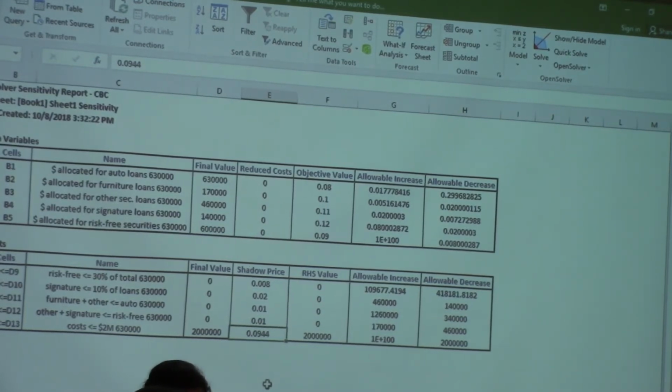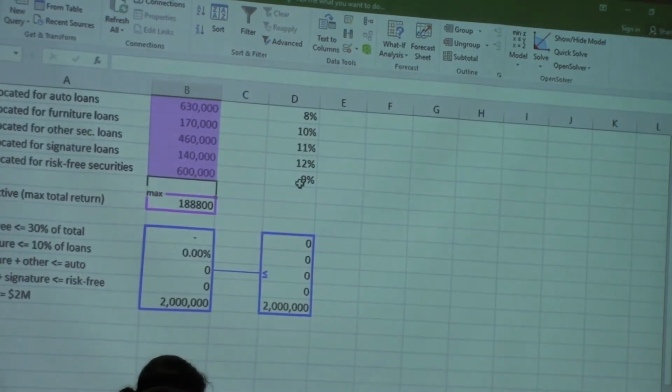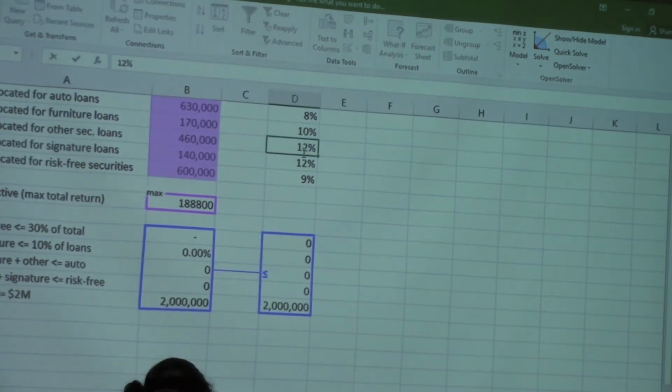The other nice thing that we can do is we can ask ourselves questions. Well, what if the interest rate changes over time? So let's say the other secure loans go above 12, they go to 12%, and the signature loans go to 11.5.